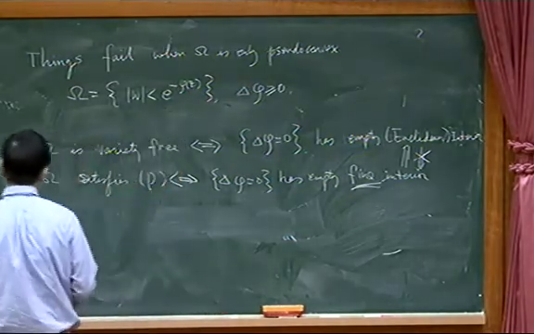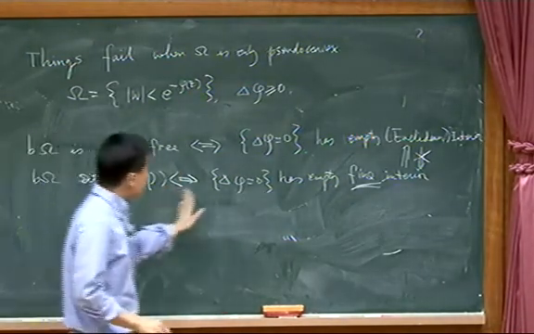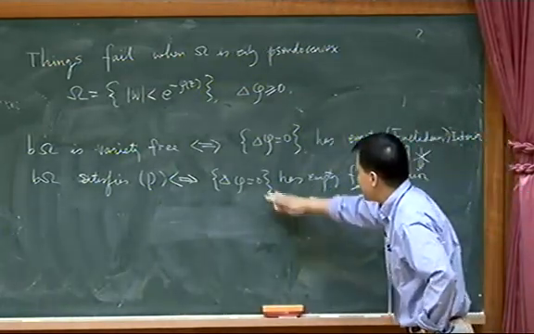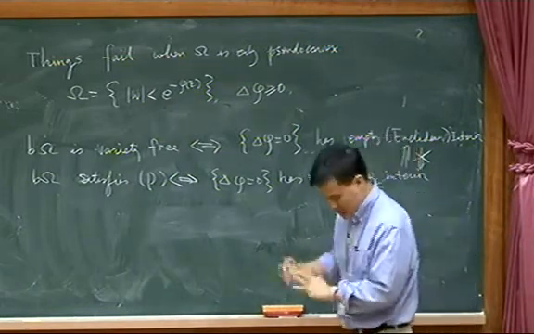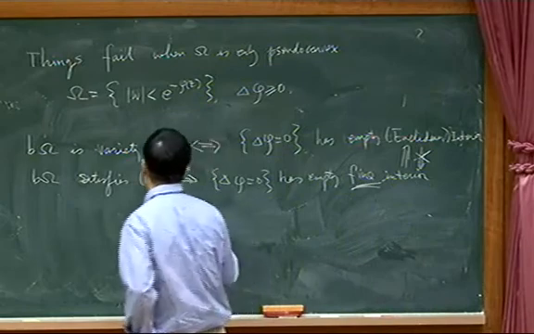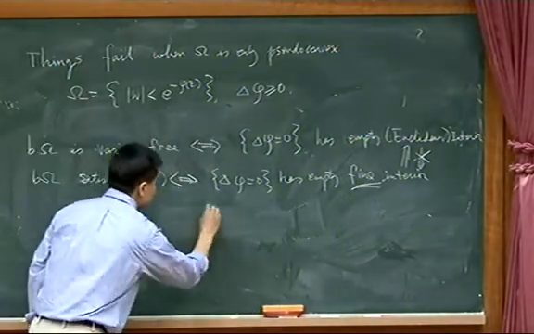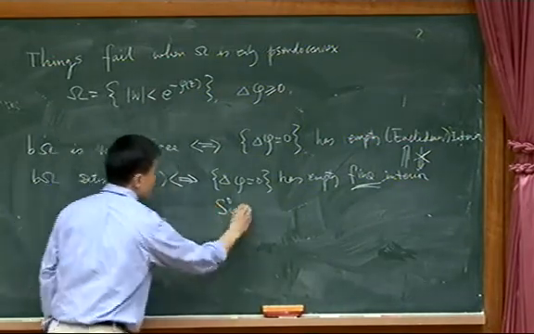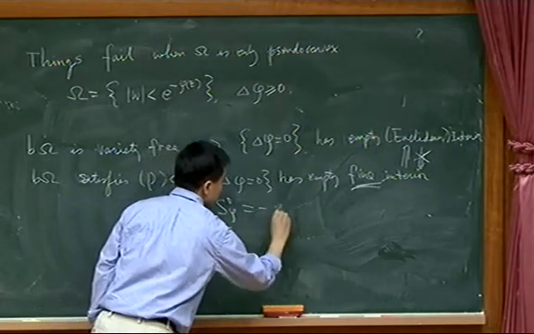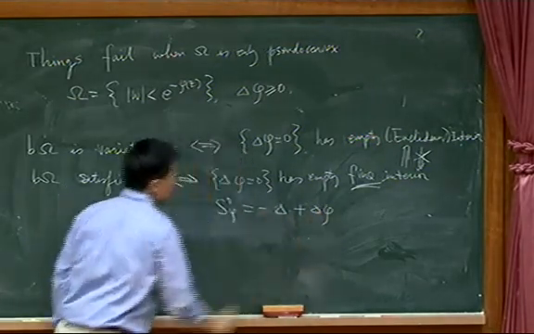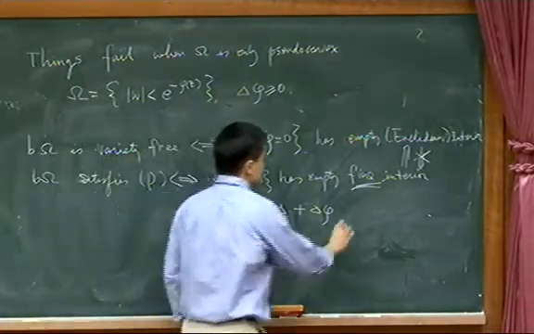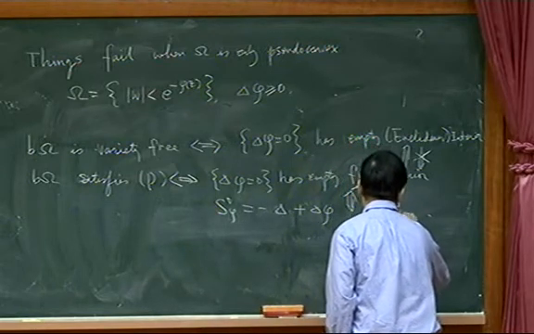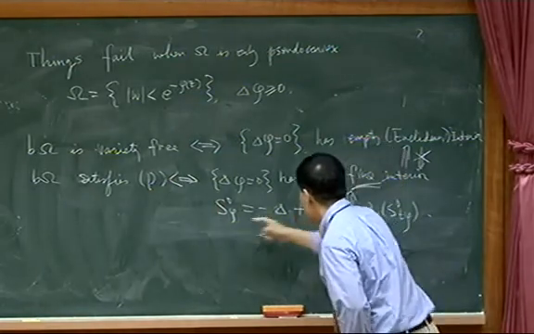Now, this thing, it turns out, can be characterized in terms of Schrödinger operators. Okay, so let me just briefly talk. Suppose I let this be the Schrödinger operator with electric potential delta phi, then this is the same as the first eigenvalue of this, where I replace phi by t phi.